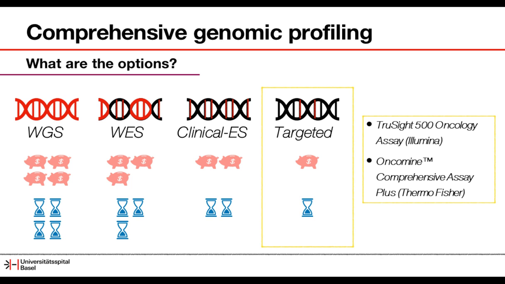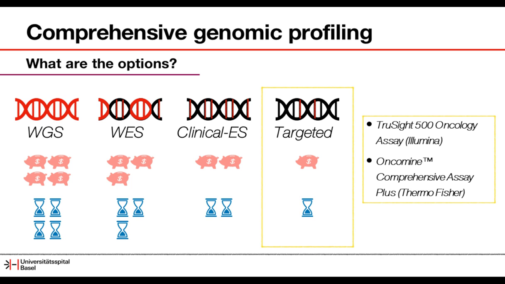If we want to go a little bit less broad, we can sequence only the coding part of the tumor genome with the so-called whole exome sequencing, which only sequences exons. And this is, of course, a bit less expensive and time-consuming, but still on the broader or larger side.